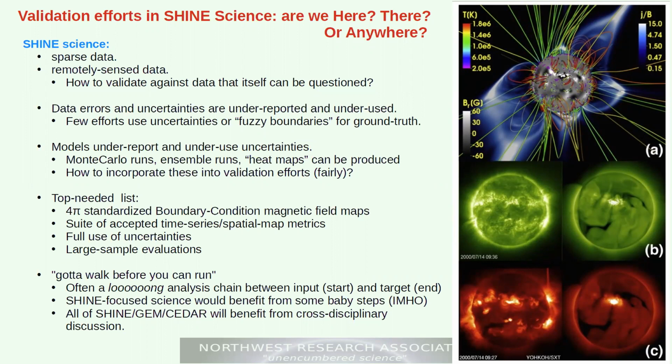Many of the programs now, when you apply for a grant, say we expect you to do validation and propose how you're going to do that. But there isn't a list of what the standardized metrics are. So it's like, okay, I'll do mean squared error.